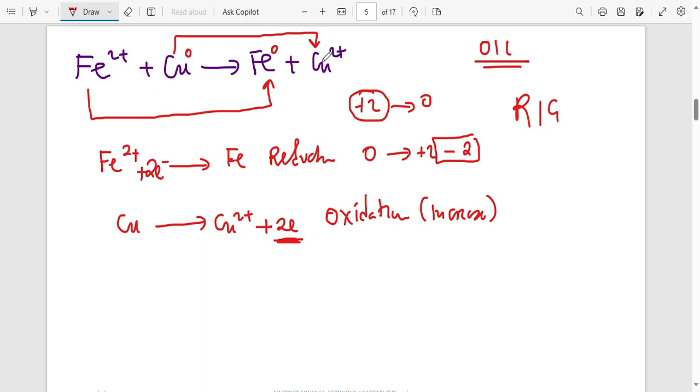We are increasing oxidation number, so that is what? Oxidation, right? So that is how we go about it. Is that okay?